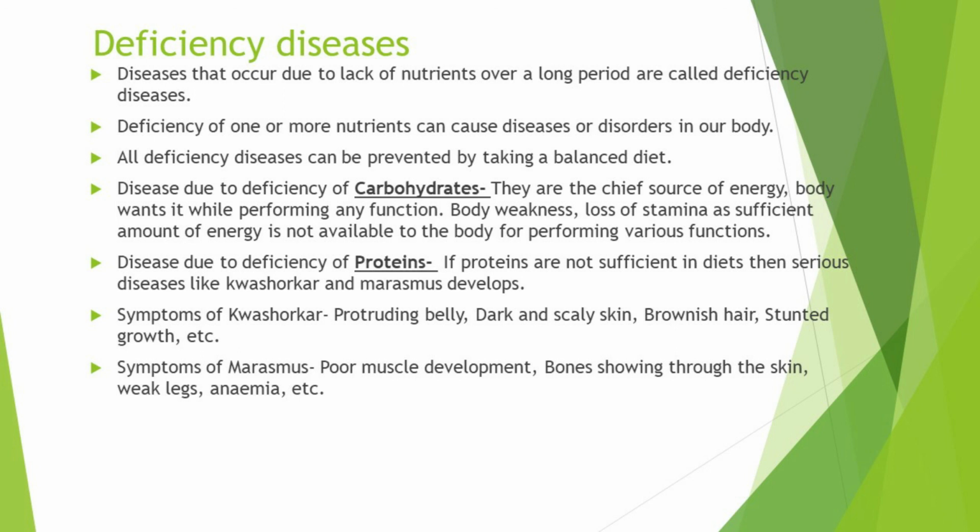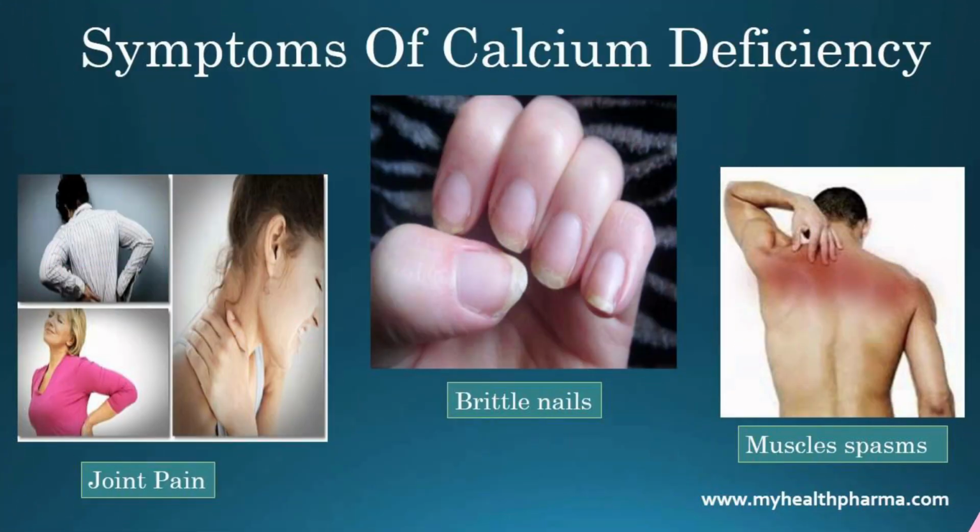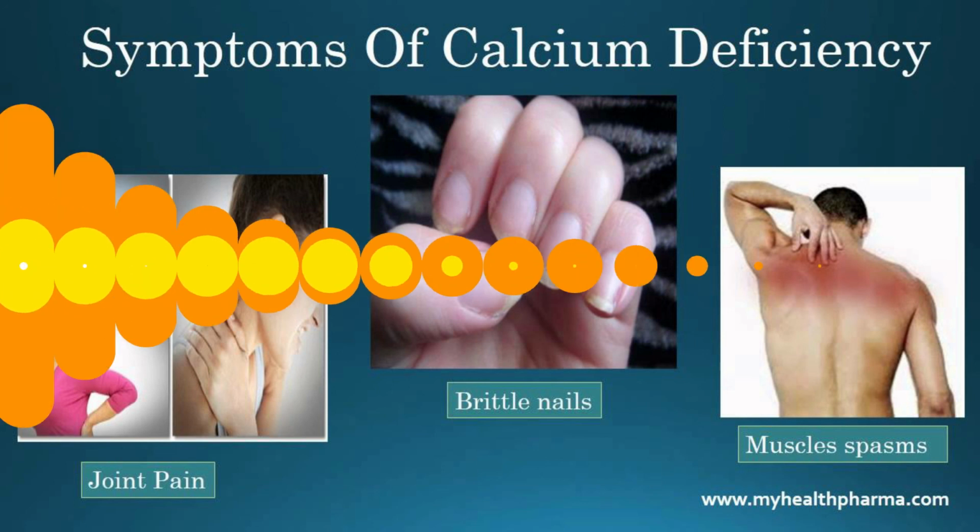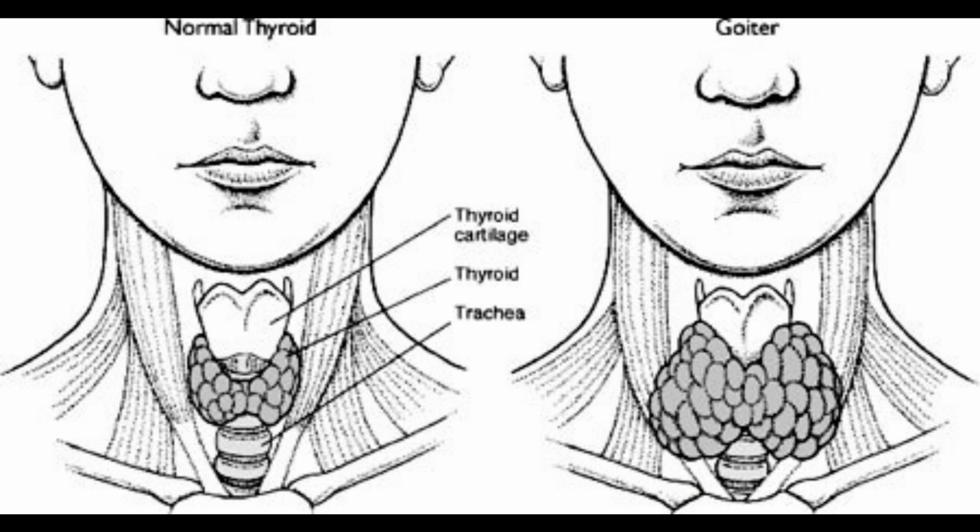Now, in minerals, calcium, iodine, iron and many more are there. In calcium deficiency, bones and teeth start decaying. The bones become very weak and teeth start decaying. Iodine deficiency disease is goiter, in which glands in the neck appear swollen, and mental disability in children is seen.